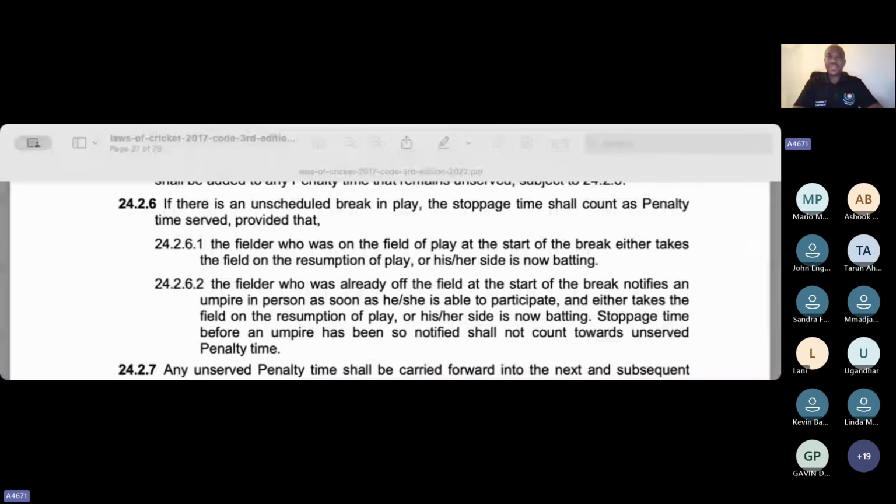So we are not adding the 44 minutes that he or she was off the field for as penalty time that needs to be served. It's also not penalty time served. It does not count for or against him. Neville, hope that answers your question.